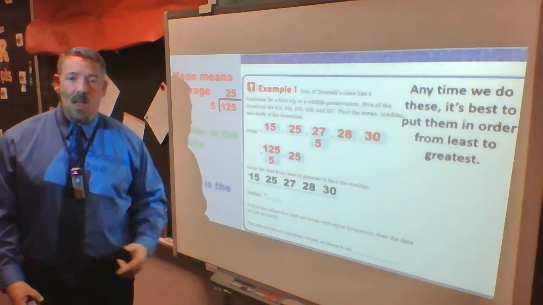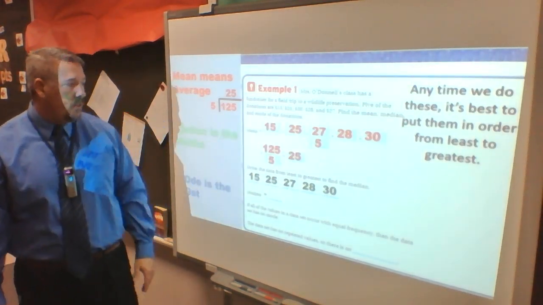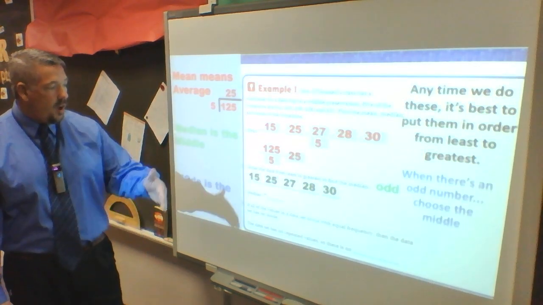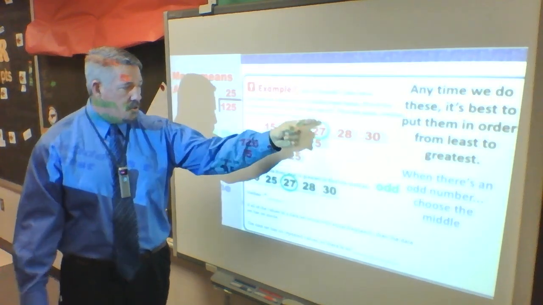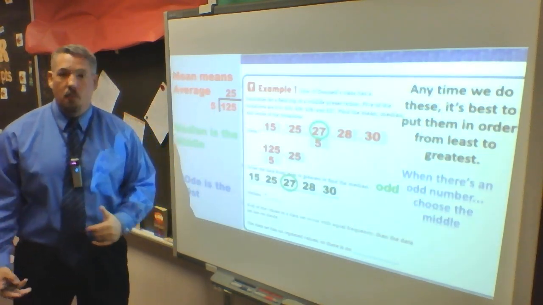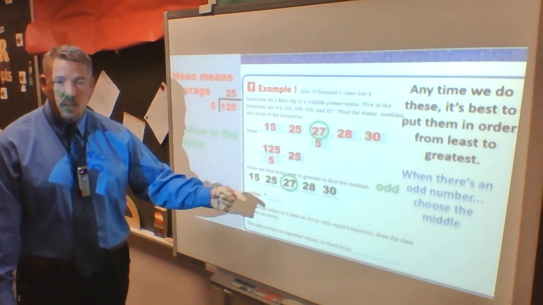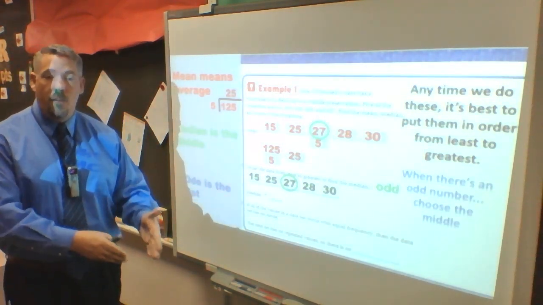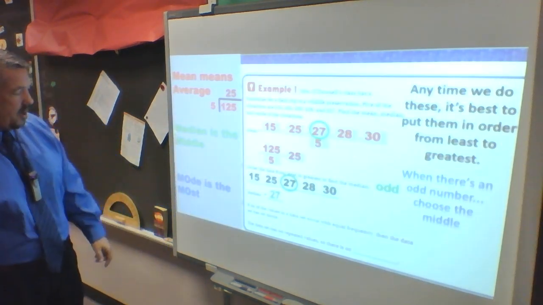I could just circle the middle number there, or if you want to rewrite it and circle the middle number, that works as well. That tells me that my median, since it's odd, is just the one that's left in the center of what's in order from least to greatest.